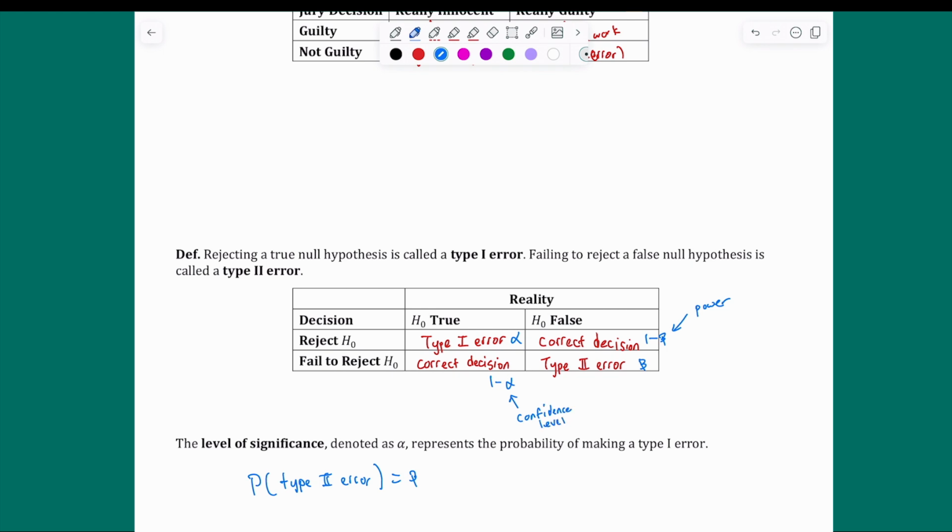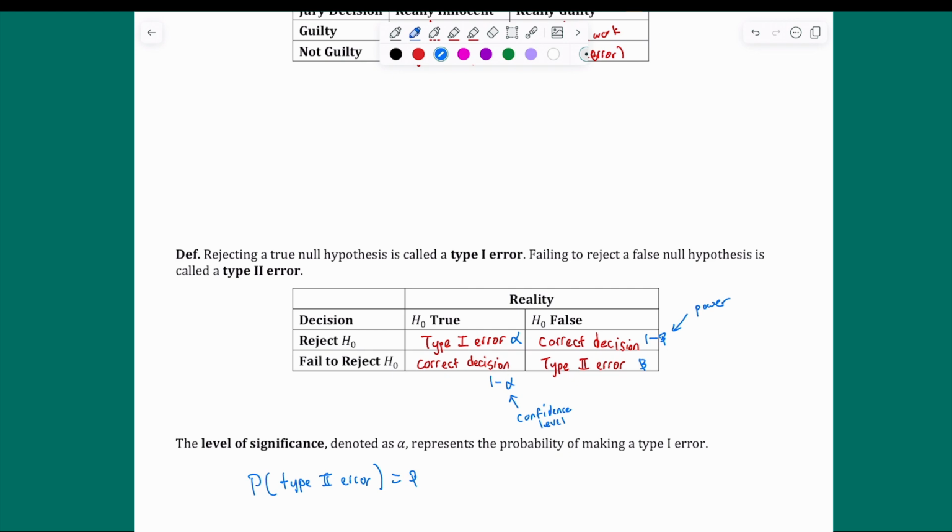I'm not going to say too much except the following. Error is bad in general. If you go into maybe an intermediate statistics class, you will discuss these issues in great detail. But alpha and beta are both bad. Type 1 and type 2 errors are both bad. You want to minimize both.